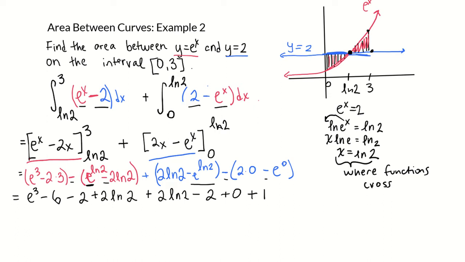And then we'll combine some like terms, so e to the third minus 6 minus 2 minus 2 plus 1 will be negative 9. So e to the third minus 9. And then 2 ln of 2 plus 2 ln of 2 will be 4 ln of 2.